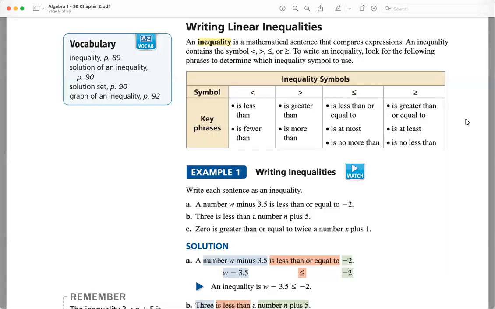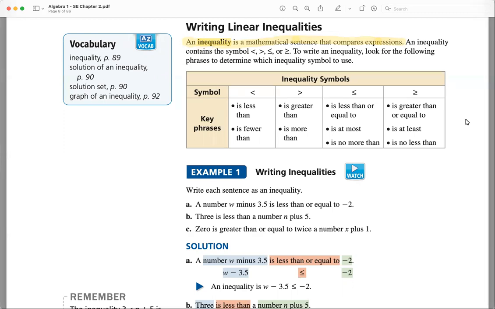So today we're going to start with writing linear inequalities. About a week or two ago, I gave you a paper that I asked you to keep in your binders that has a lot of the translations from words to symbols of equations and inequalities, okay? And they even had examples, okay?